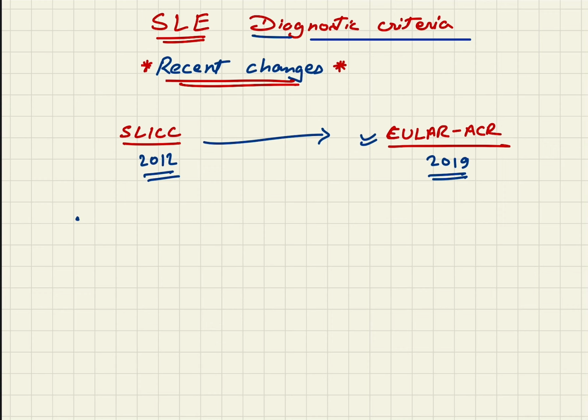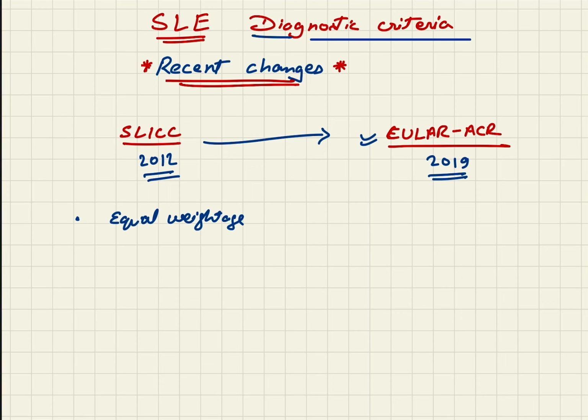The fallacy was that the different parameters set to diagnose SLE were given equal weightage, whereas in reality each parameter has a different weightage.